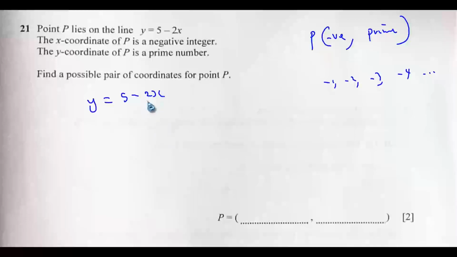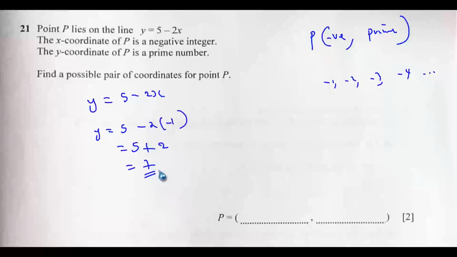So if x equals -1, then y equals 5 minus 2 into -1. So this will give us 5 minus 2 times -1, that will be plus 2, which equals 7.